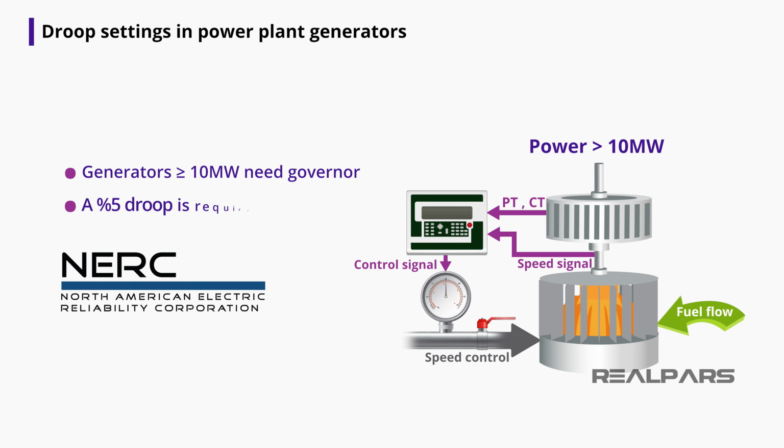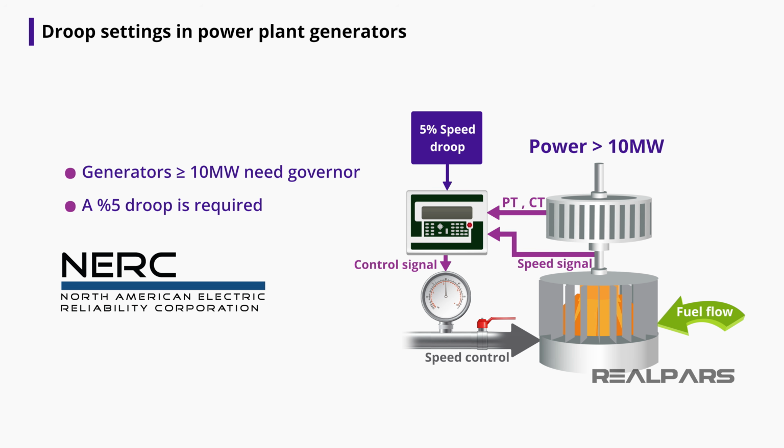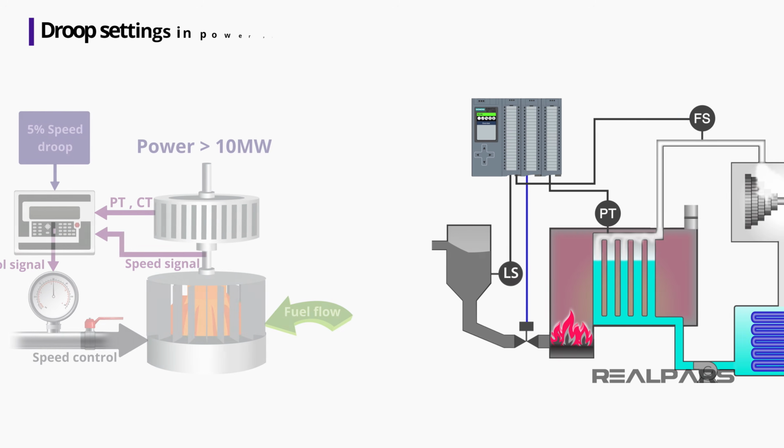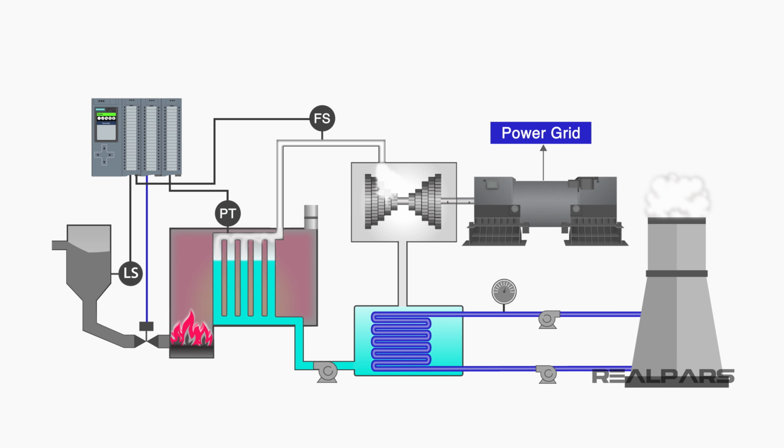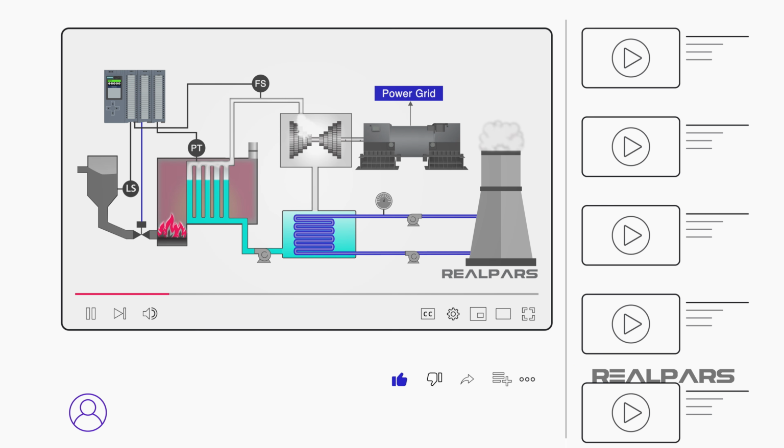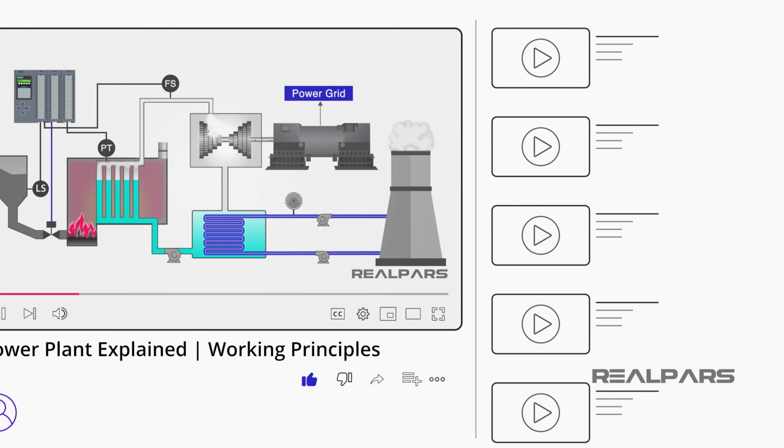With power plant generators, the governors for these generators must provide a 5% droop, and now you know why. If you want to learn more, you might want to review a previous RealPARS video on YouTube titled Power Plant Explained: Working Principles. You can find the link to this video in the description.